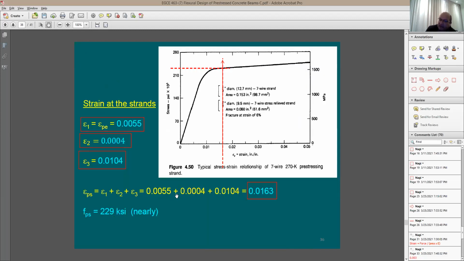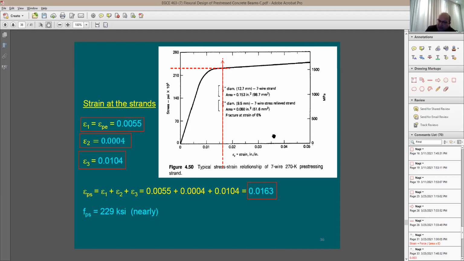And by doing this detailed analysis, you figure out the amount of strain that you have at the effective point, right after the losses, find out the amount of strain in the concrete as a resistance, and find out the amount of strain in the strands due to the applied load when it gets close to the capacity point, add them all together, look at the stress-strain relationship, and then you find out this fps from the chart. This is going to be more detailed analysis. So you can have it either way.